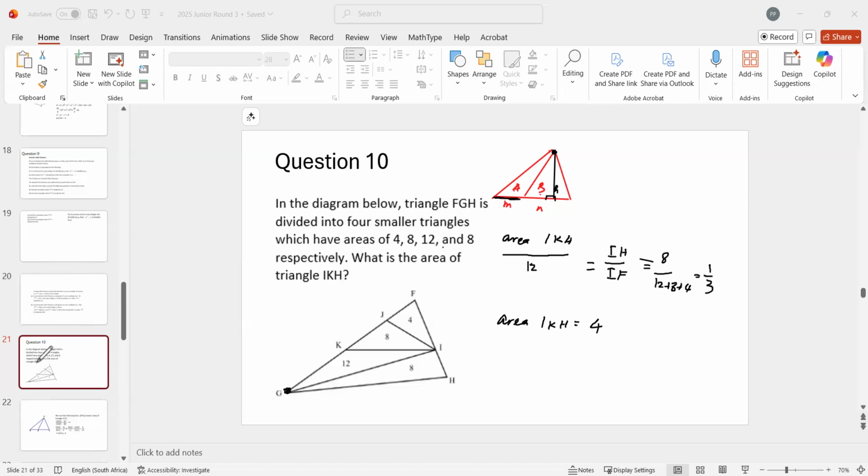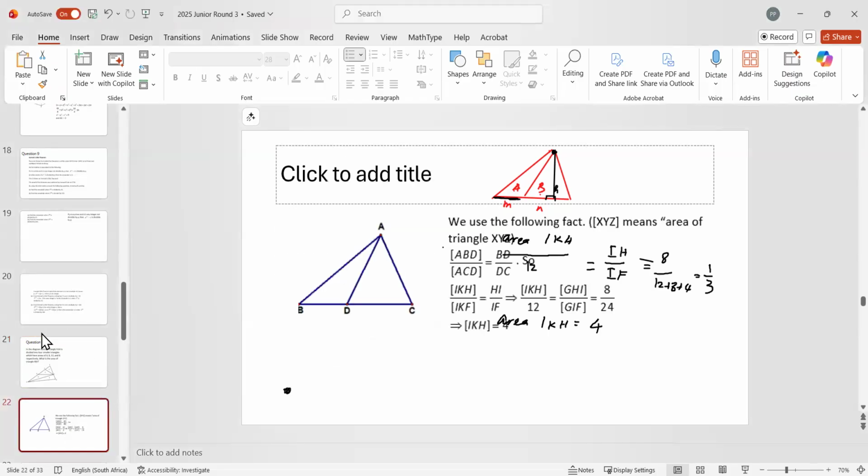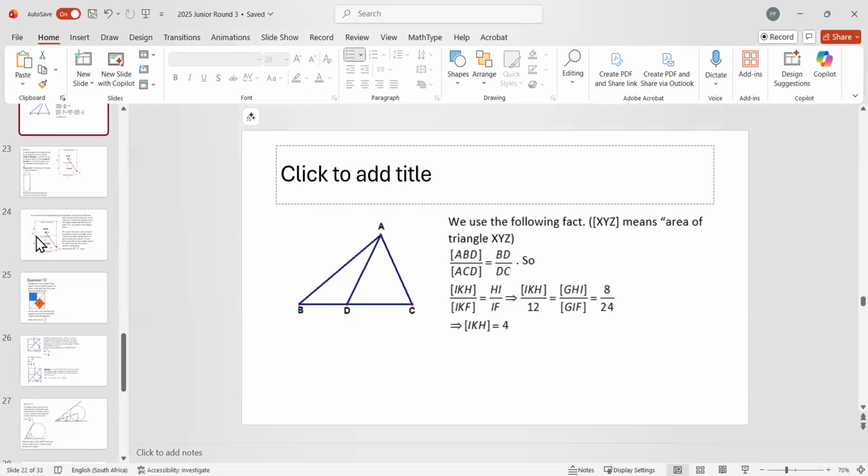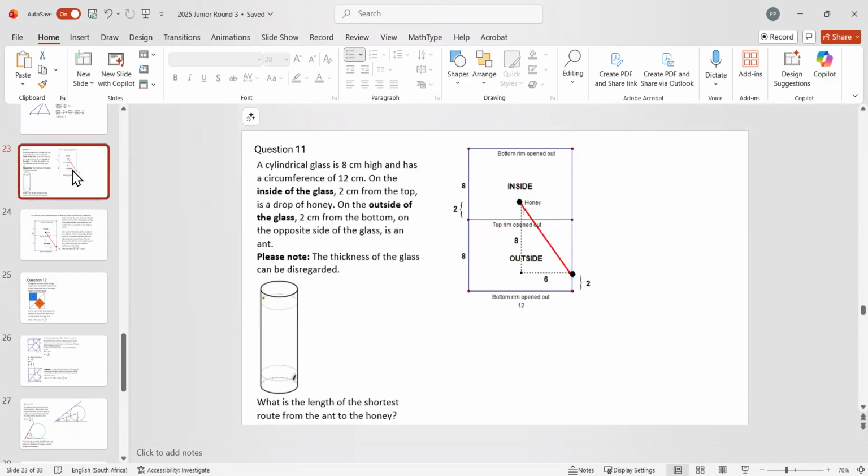All right, so let's get on to the next question. And there it is. You see right at the bottom, the area of IKH is indeed 4. All right, let's get on to this question here.